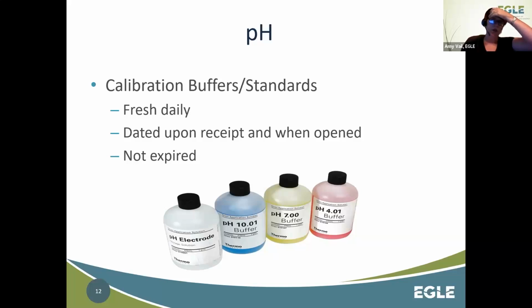They hadn't gotten recall information out yet, so it can happen. And you want to make sure you're not using expired standards or buffers. They're pretty cheap, so don't use expired stuff.